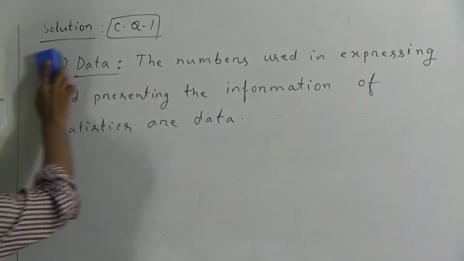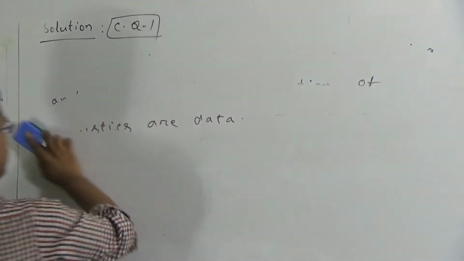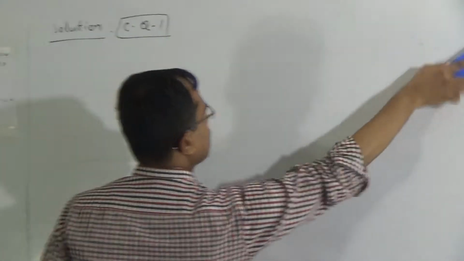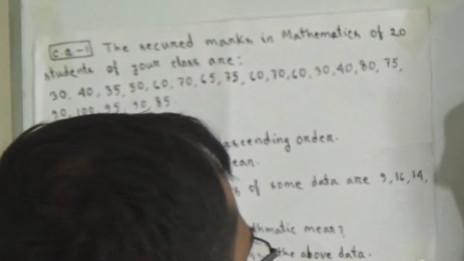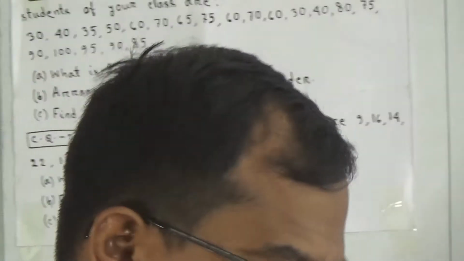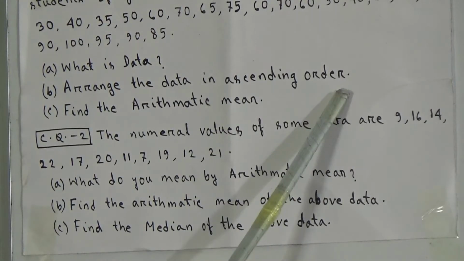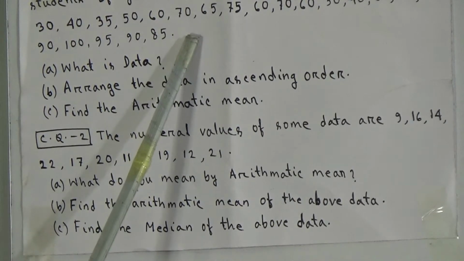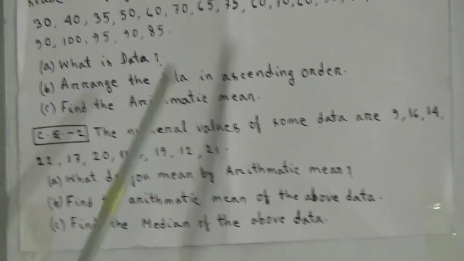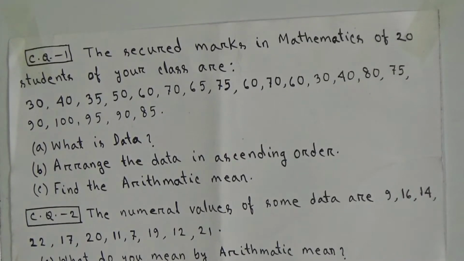Okay, now we'll solve B number. Here the question is, arrange the data in ascending order. Here total 20 data given. We have to arrange this data in ascending order.